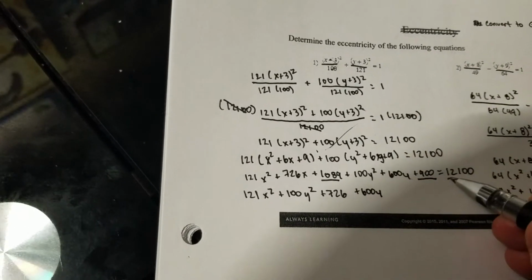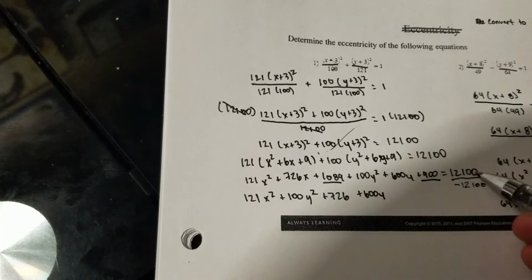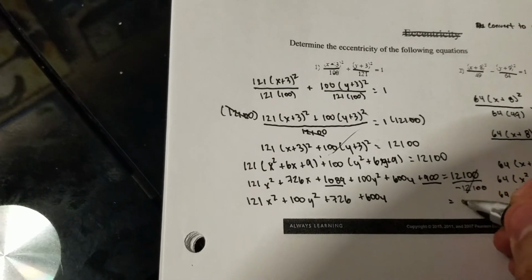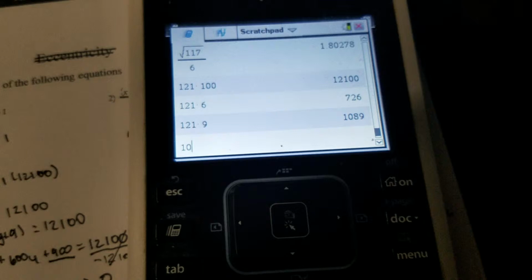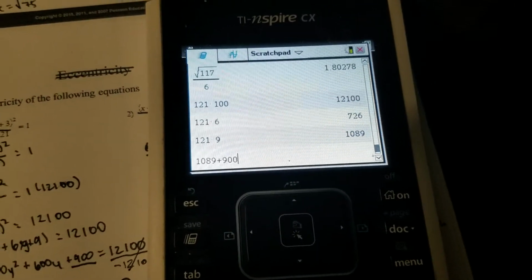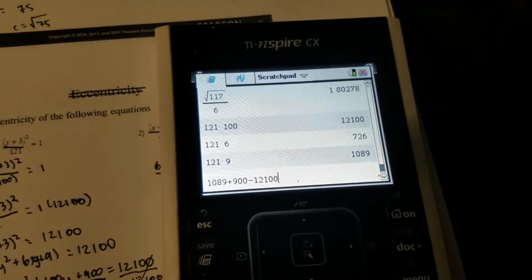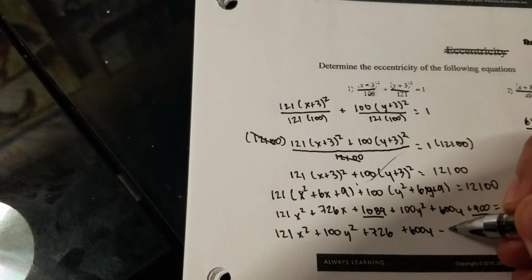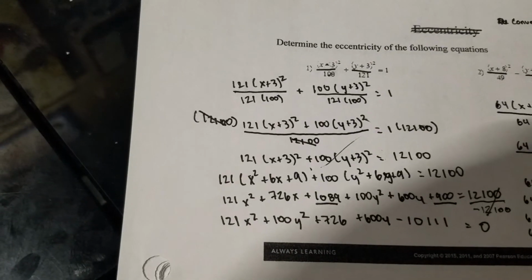This is a single number, and this is a single number. And I'm also going to bring this one over here, so I'm going to subtract 121,000. So they cancel over here, so it's 0, and then bring it to the other side. So when I add these three numbers, 1089 plus 900 minus 12,100, I get this right here. So that is my general form there.